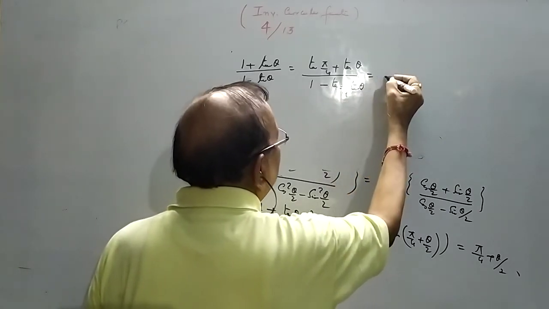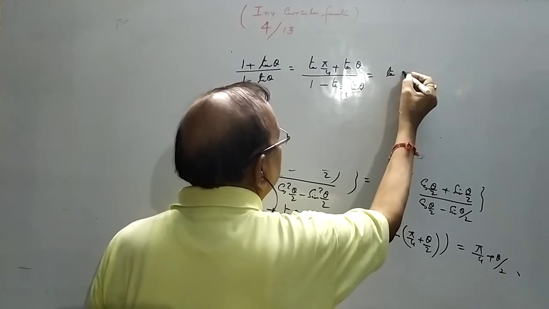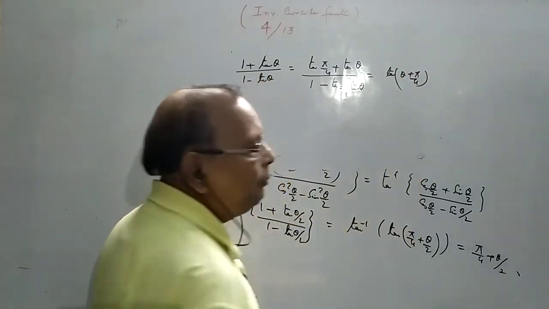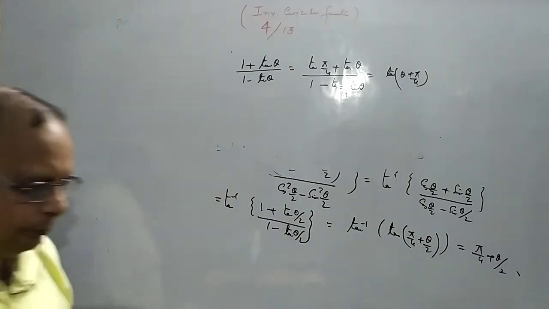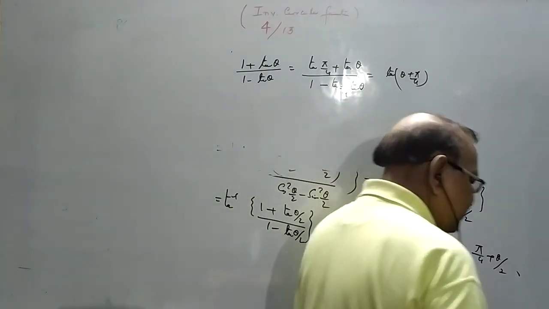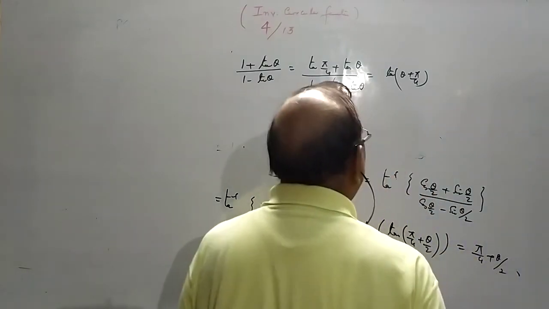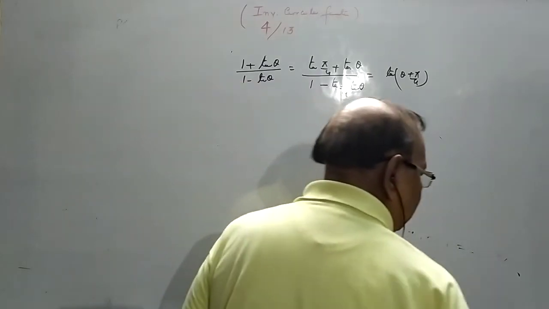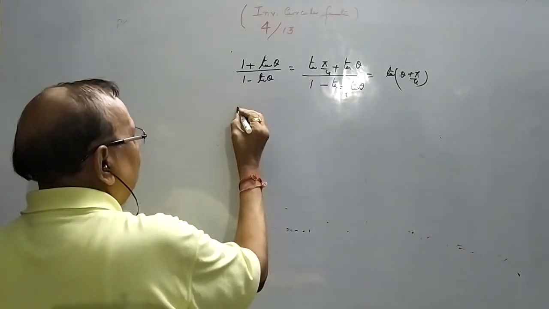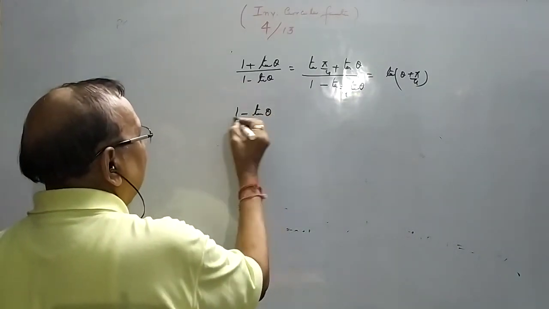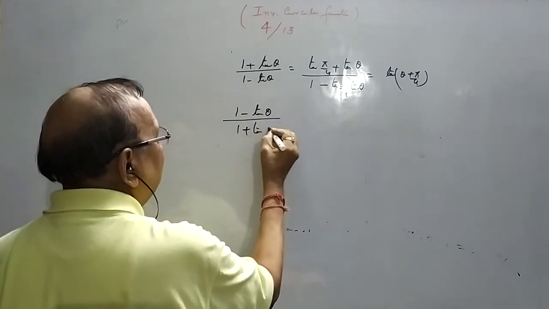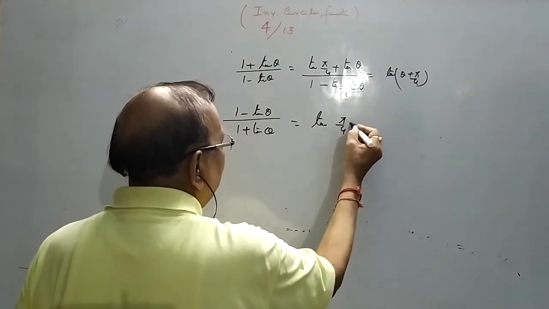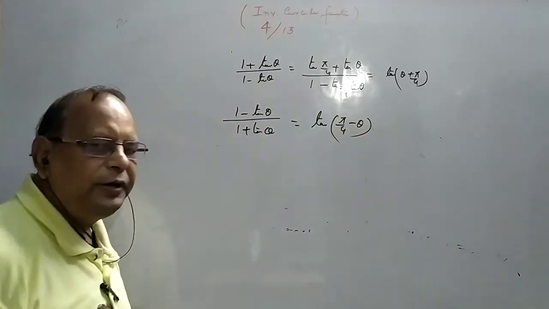We are getting tan of theta plus pi by 4 by using the tan plus formula. Is it clear? Similarly, 1 minus tan theta upon 1 plus tan theta is equal to tan of pi by 4 minus theta. You must keep all these tips.